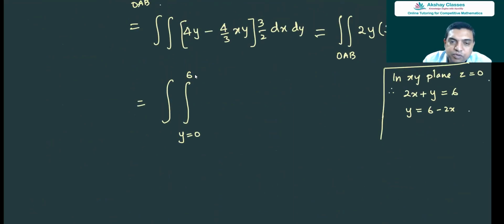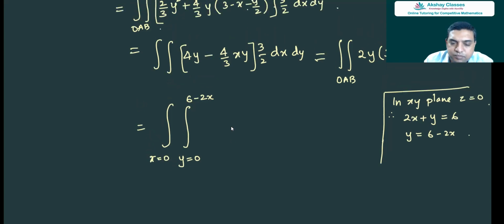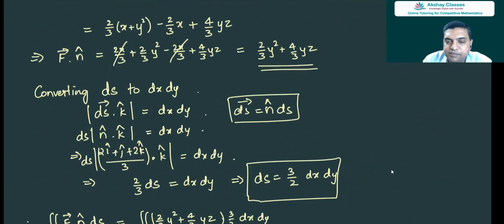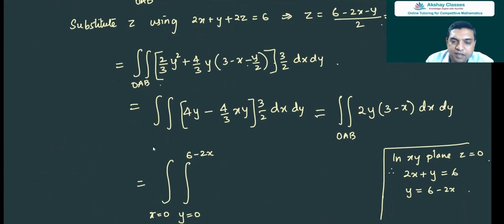Y equal to 0 to 6 minus 2x. And x will vary from 0 to which point? 3. X will vary from 0 to 3.